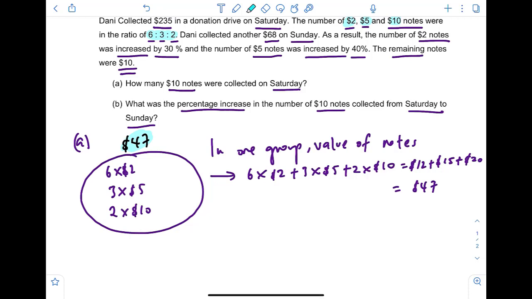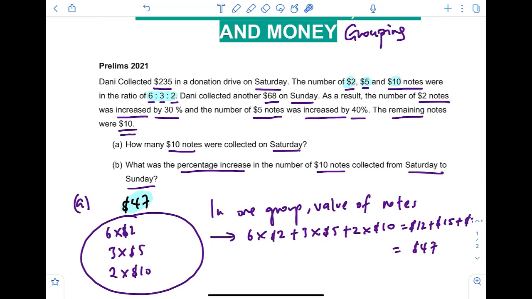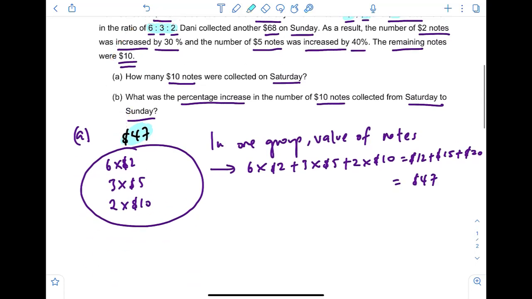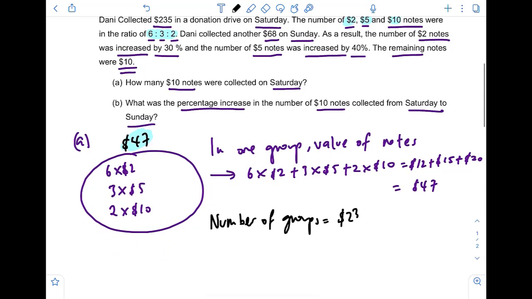But on Saturday, you have collected $235. So there's definitely more than one group. So how many groups of notes do we have? Number of groups will be equals to 235 divided by $47. 235 divided by 47, that will be 5 groups altogether.